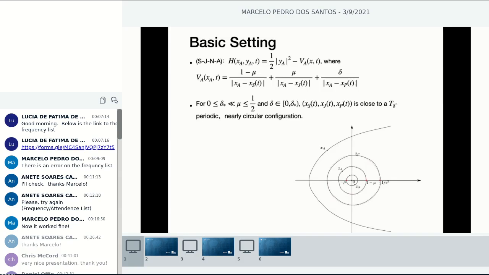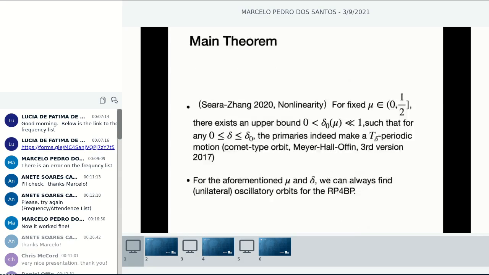So the asteroid moves close to a parabolic configuration. So that's the relative position for this model.